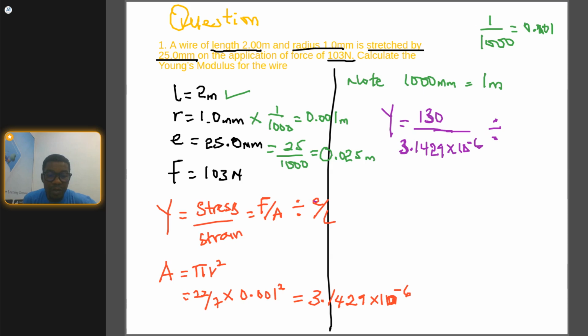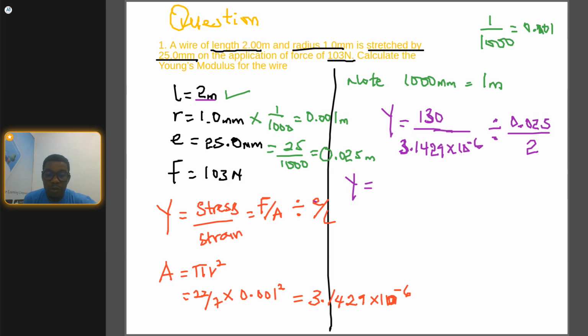The value of e is 0.025 over, now we need to check for L. What is the value of L? 2 meter. That is over 2.